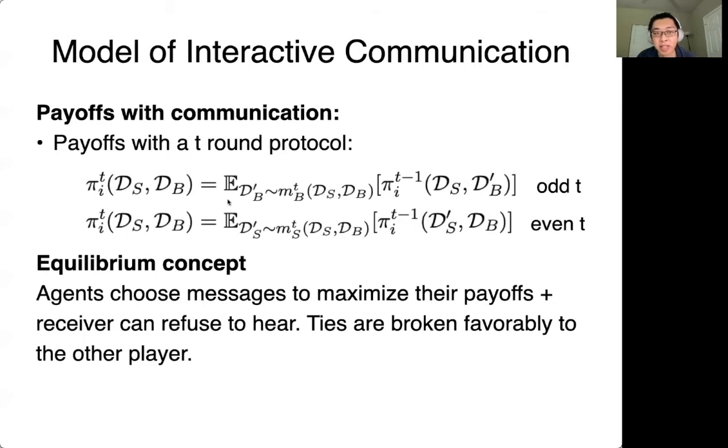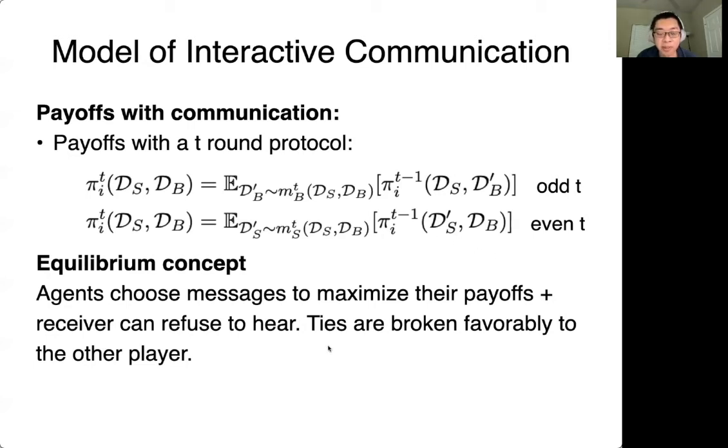So that should be the expected pi_i^(t-1)(dS, dB prime), where dB prime is updated by Bob's message in the round. And for even t, we can define it similarly. That's the turn for Sally to send her message, and she will update Bob's perceived distribution to dS prime, and we take the expectation over pi_i^(t-1)(dS prime, dB).